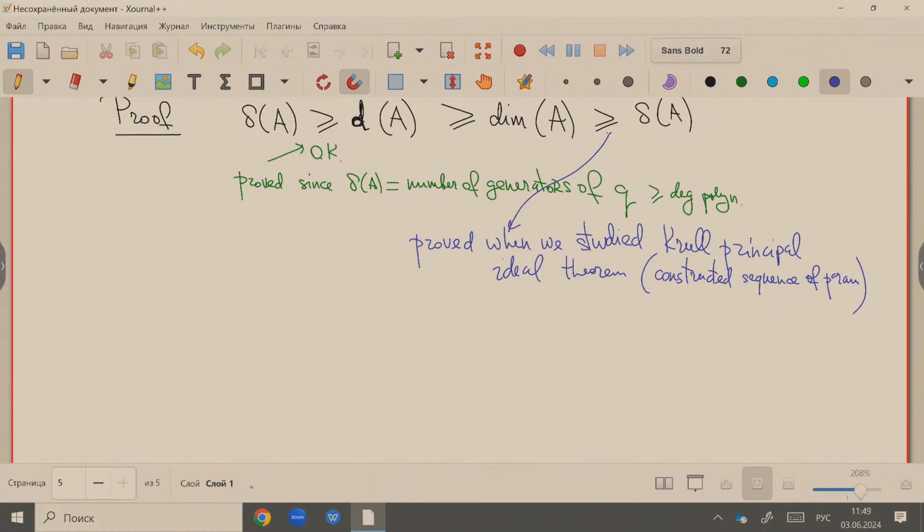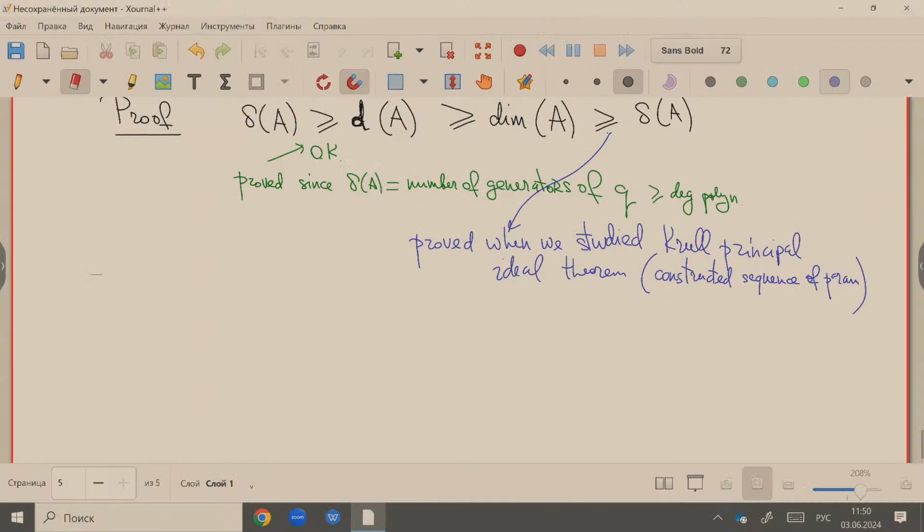То есть вот это более-менее ясно, но давайте теперь поймем. So now let us, in order to compare this D and Krull dimension, we have to know how dimension is changed under factorizing by a non-zero divisor.